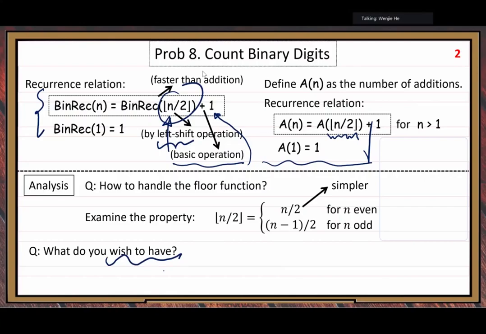Make assumptions. So with a wish here, you can make assumptions, okay? This assumption should provide us the best scenario. Imagine that. So what's the best scenario here? The best scenario should target the floor function representation.